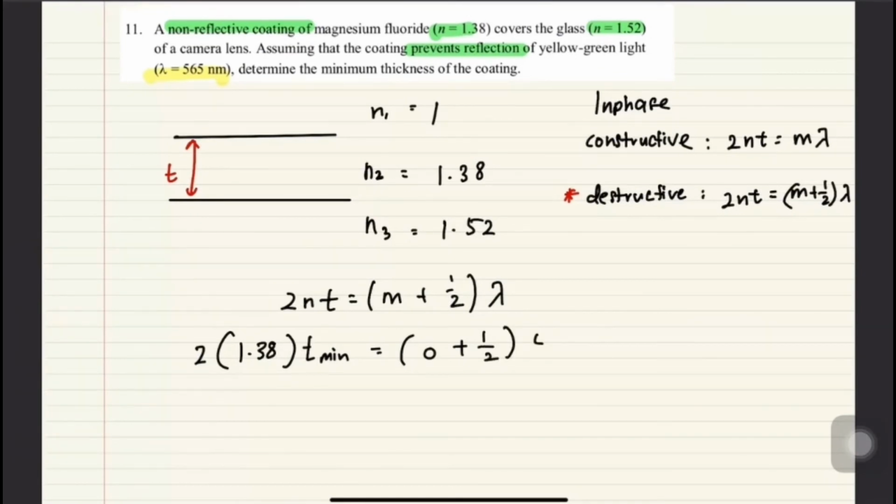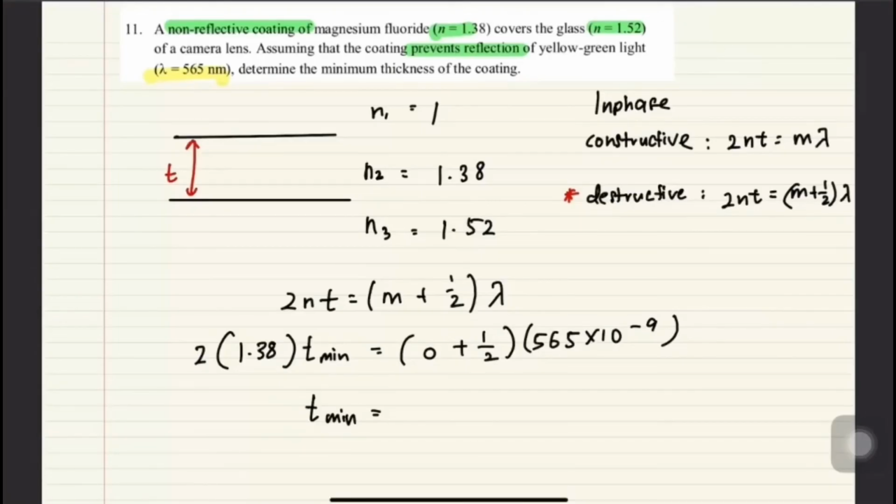Lambda is 565 times 10 negative 9. t minimum here will be half times 565 times 10 negative 9, divided by 2 times 1.38. Okay, good. 1.02 times 10 negative 7 meter. You guys understand? Any question?